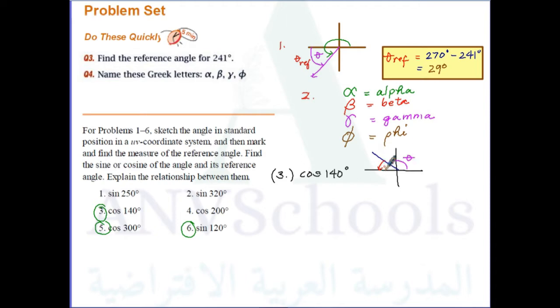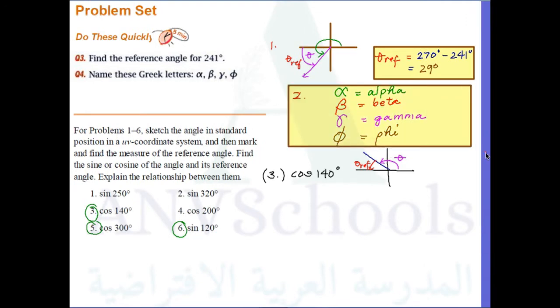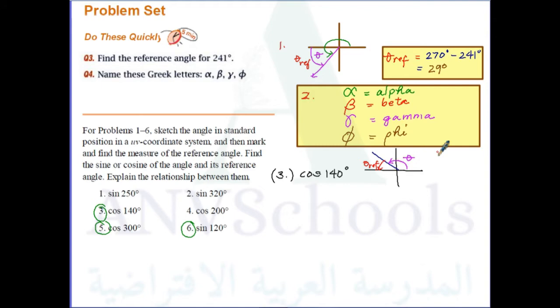So this is theta ref. Theta ref is equal to 180 minus 140. So that would be 40 degrees. Okay, so our theta ref is 40 degrees.